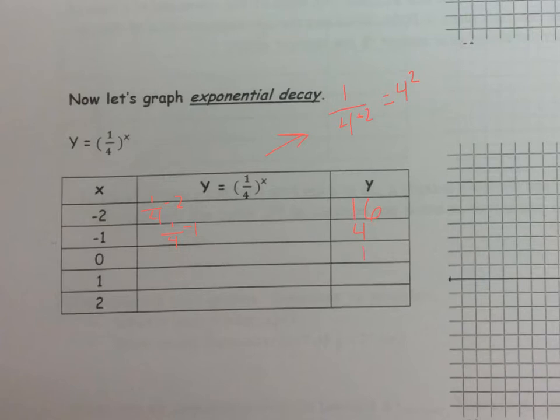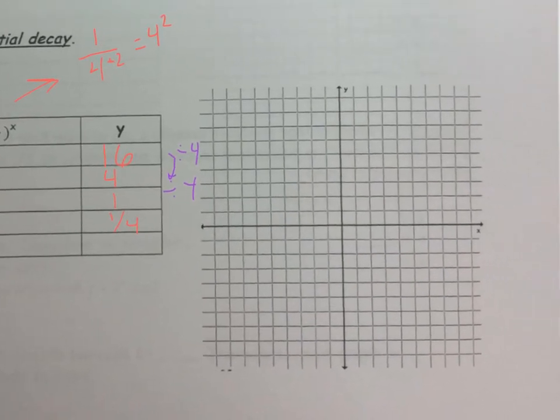Well, that's just 1. What's happening every time? In this one, we're dividing by 4. So here we're going to have 1/4. What do you think that's going to look like on the graph? Let's take a look.